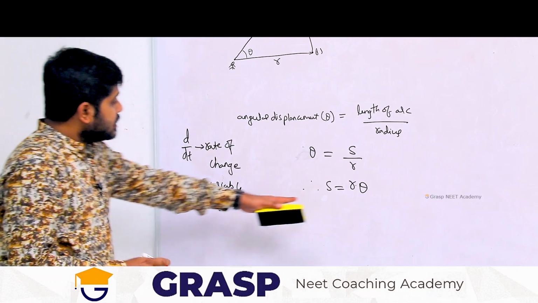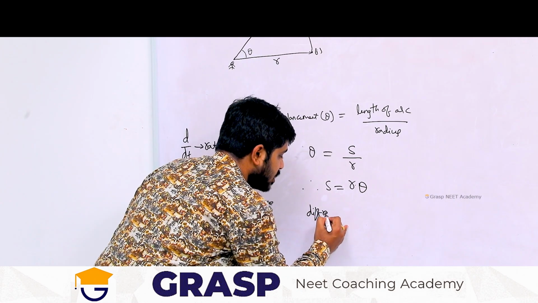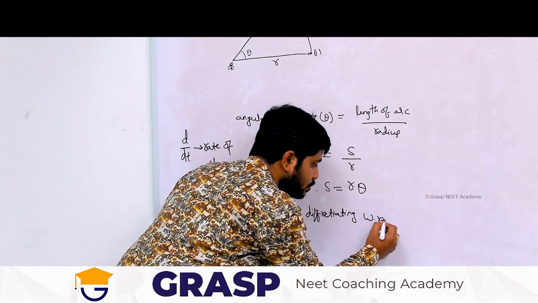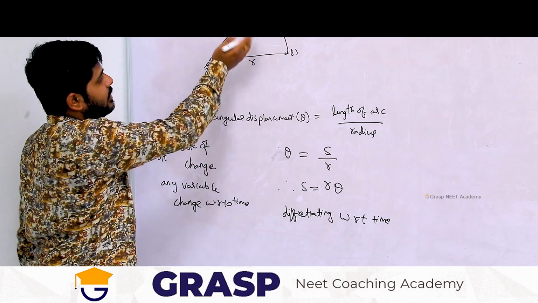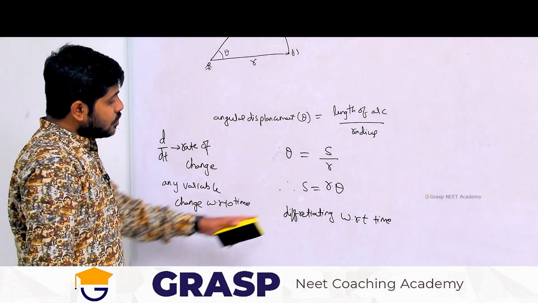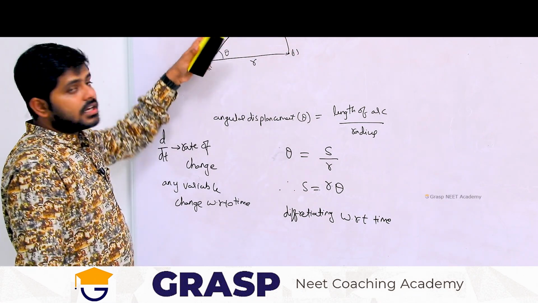Now we are differentiating with respect to time. Here r is constant always, at each and every instant. What is changing? The length of the arc is changing, and the theta value is changing.